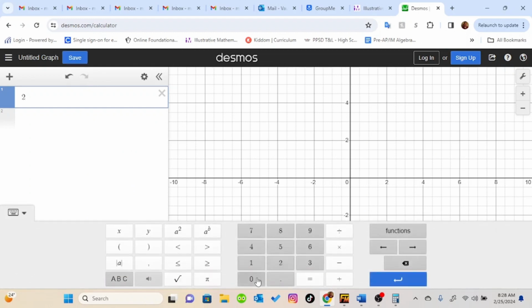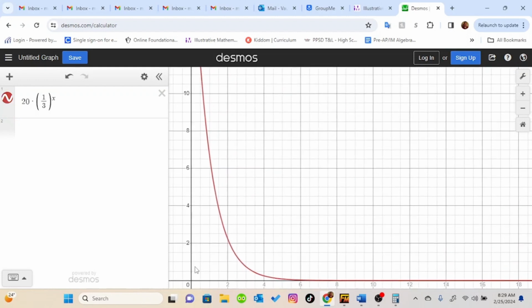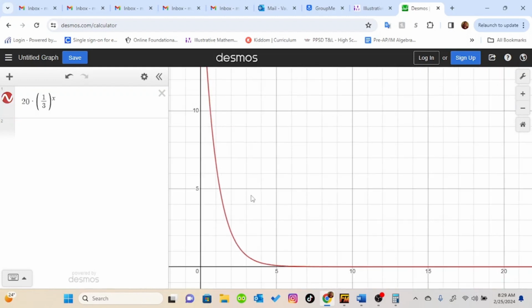We start with 20 and we multiply that by 1/3 to the power of x. And our graph would look like this.